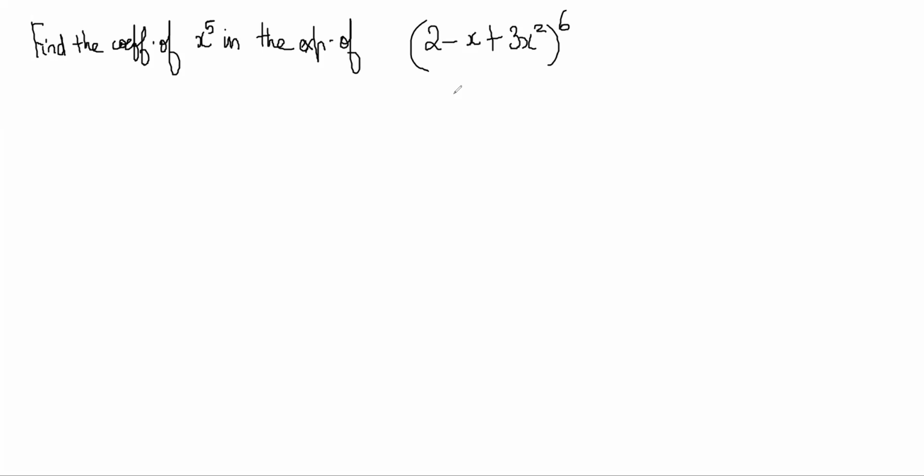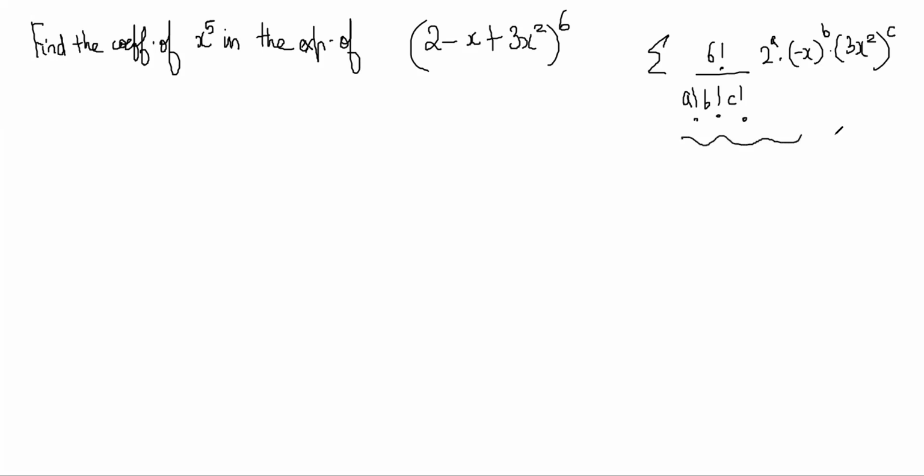But before I can do that, I should write a general term for this, right? So this will be the summation of 6 factorial by a factorial, b factorial, c factorial, let's say. It will be 2 power a, minus x power b, and 3x squared power c. This is my series.